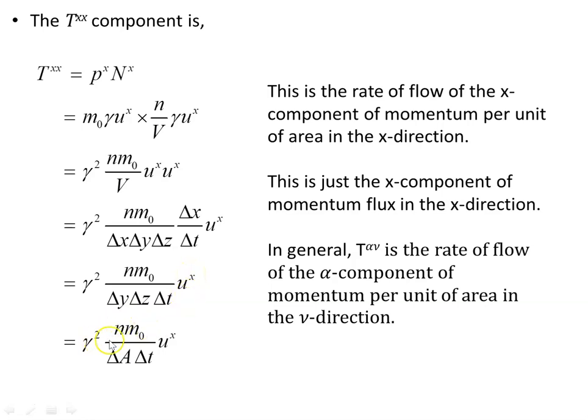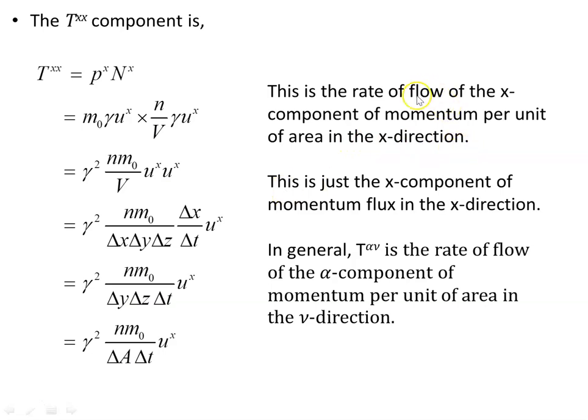Gamma squared nm0 delta A times delta t, so the amount of mass per unit area per unit time in the x direction. Mass times the velocity is momentum, so this is the rate of flow of the x component of momentum per unit of area in the x direction.